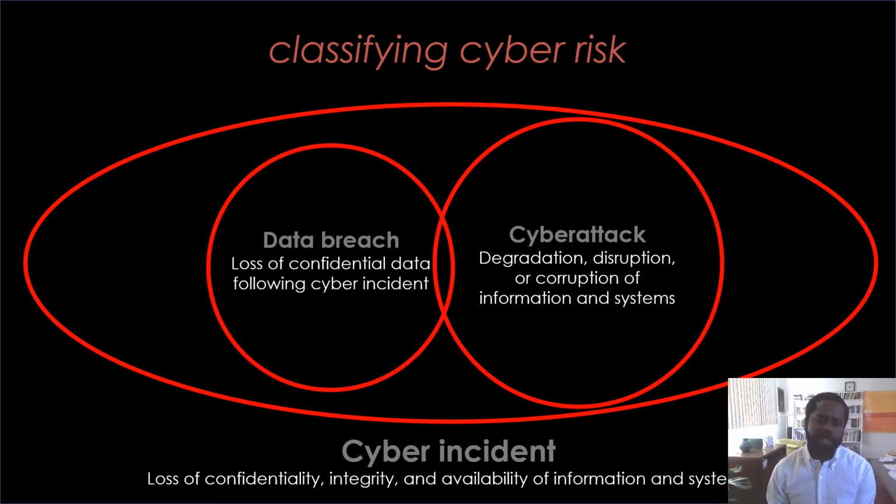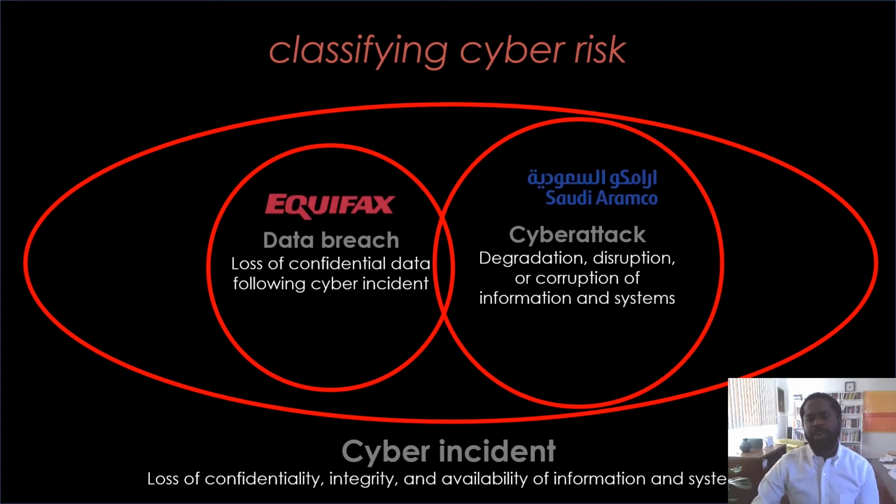And then there's the data breaches, the loss of confidential data following a cyber incident. Now, as we're defining these, I tried to use them separately, and the previous examples provide some useful examples. Equifax falling in a data breach, Saudi Aramco falling in a cyber attack. However, they're not mutually exclusive necessarily in all cases.